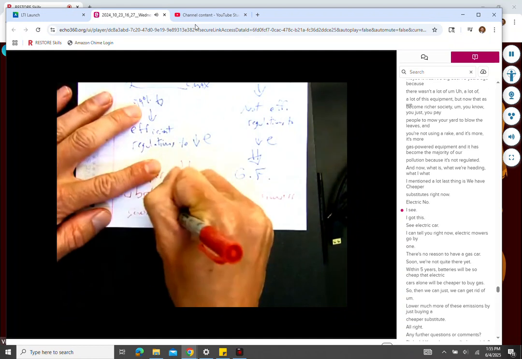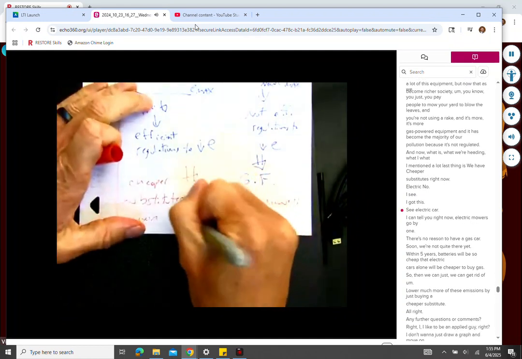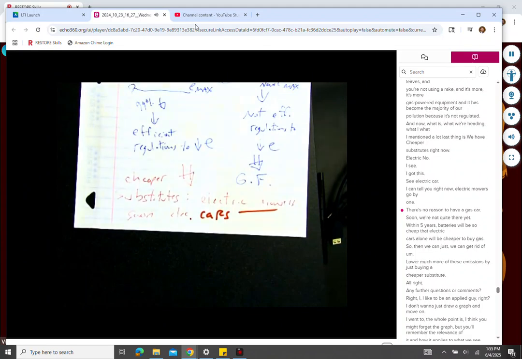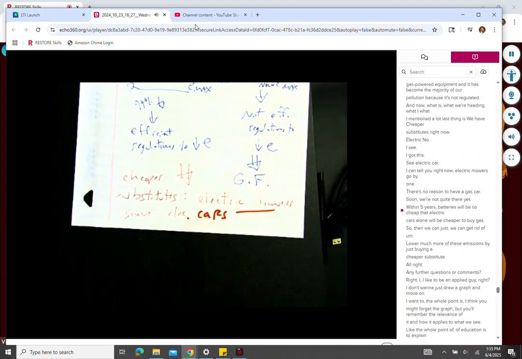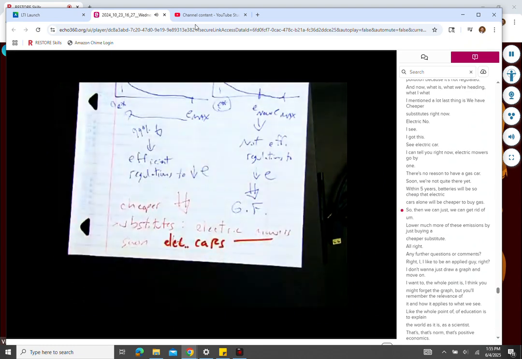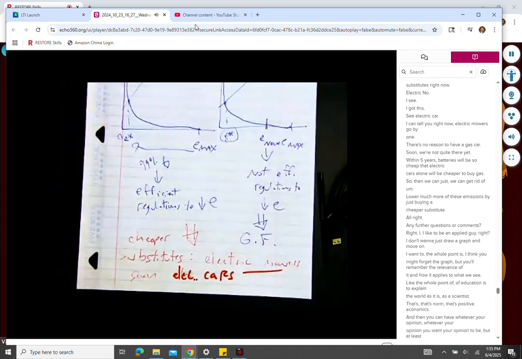And soon, electric cars. I can tell you right now, electric mowers win. There's no reason to have a gas mower. Soon, we're not quite there yet for cars. Within 5 years, batteries will be so cheap that electric cars will be cheaper to buy than gas. So then we can get rid of much more of these emissions by just buying a cheaper substitute.